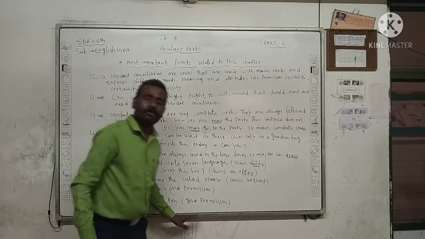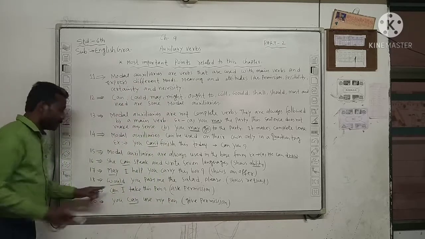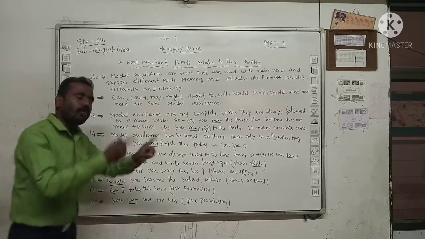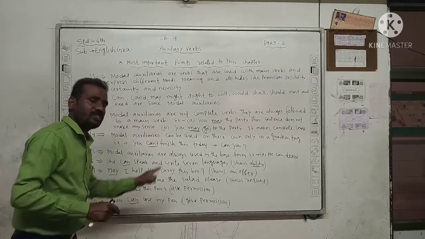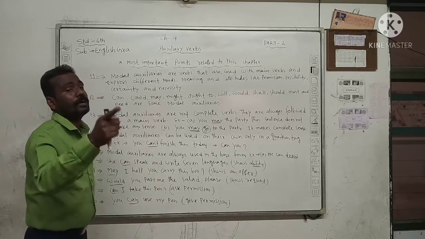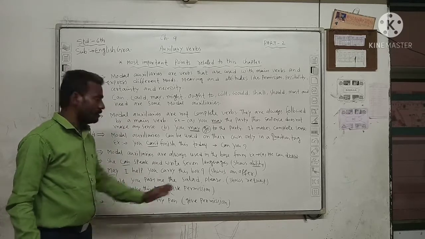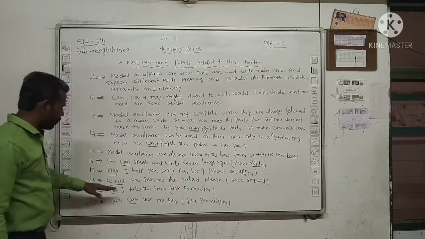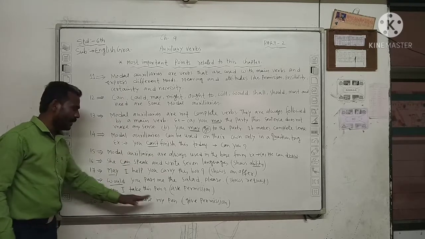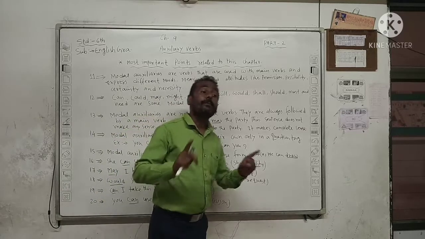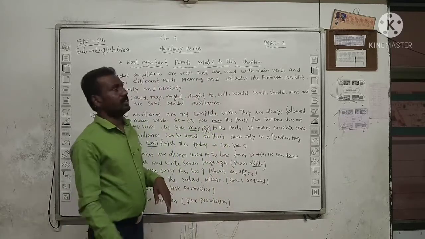So it is giving permission. When you use the modal verb at the beginning of the sentence, before the subject, it is converted into interrogative, that means asking permission. But when you use the modal verb after the subject, after the noun or pronoun, it becomes giving permission.